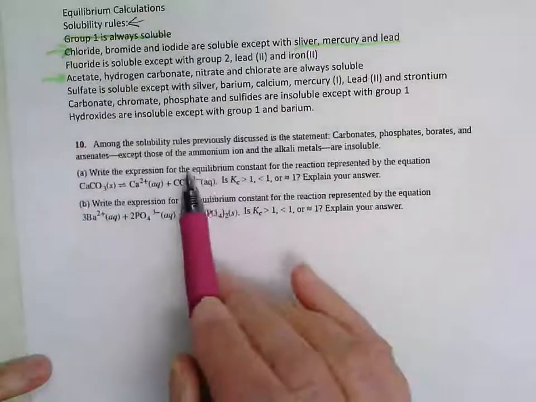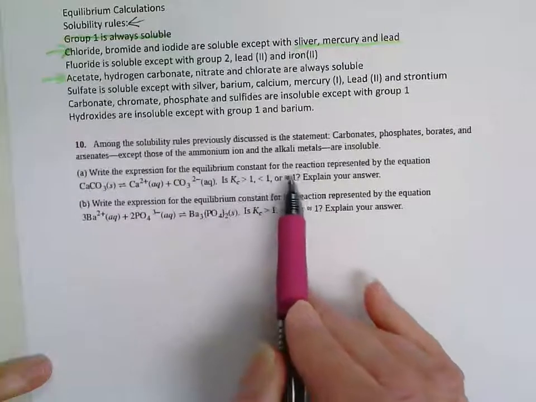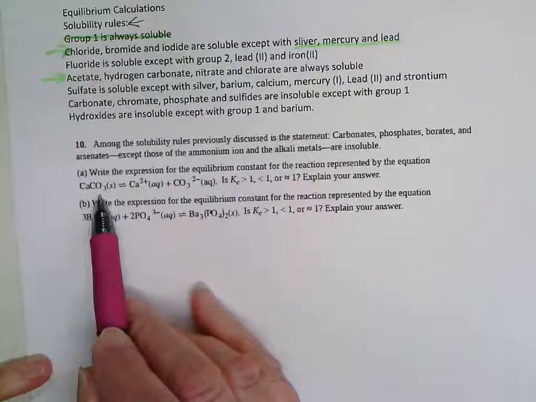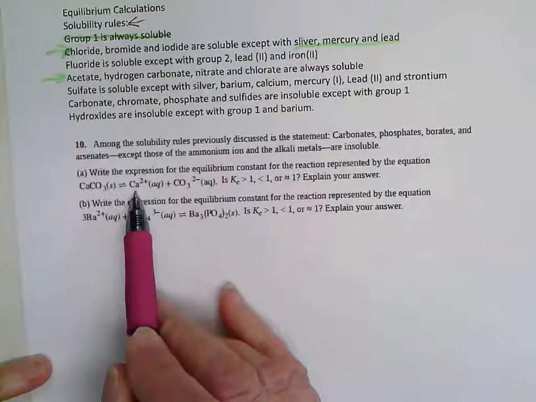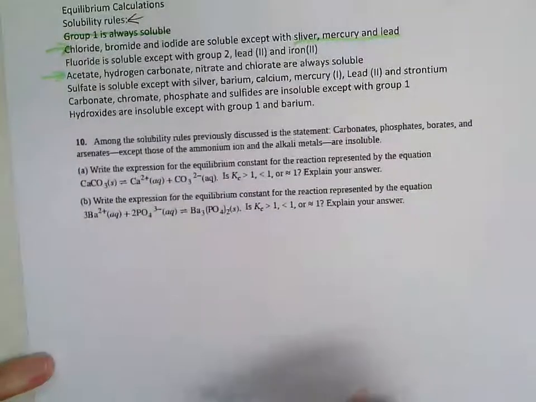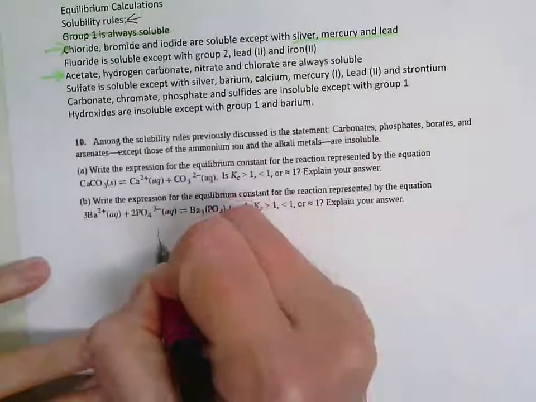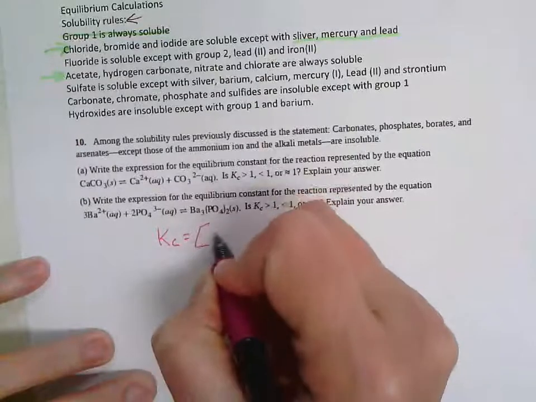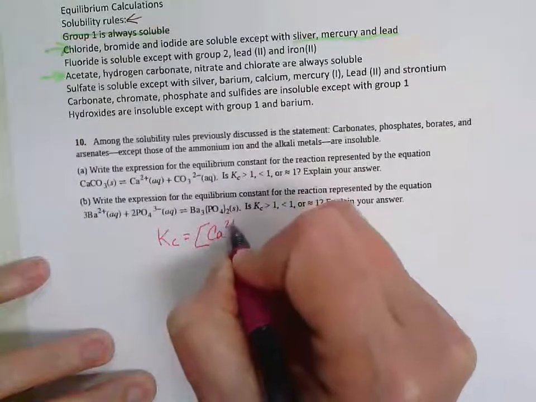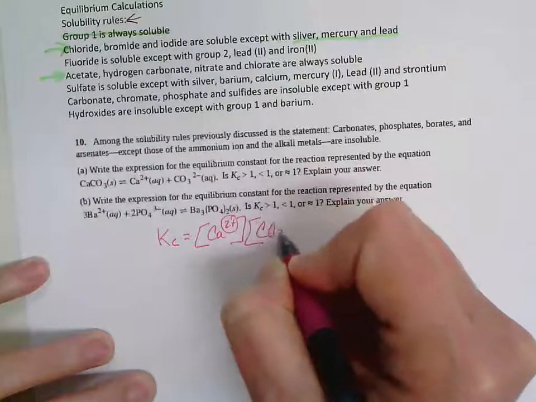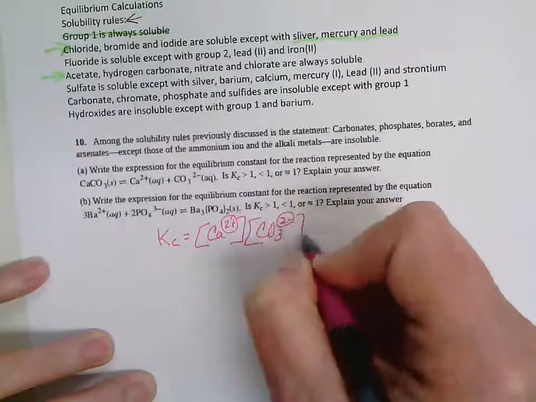Write the expression for the equilibrium constant for the reaction represented by the equation of calcium carbonate dissolving into calcium ions and carbonate ions. So, the equilibrium constant for that would be the concentration of calcium 2 plus times the concentration of CO3 2 minus.